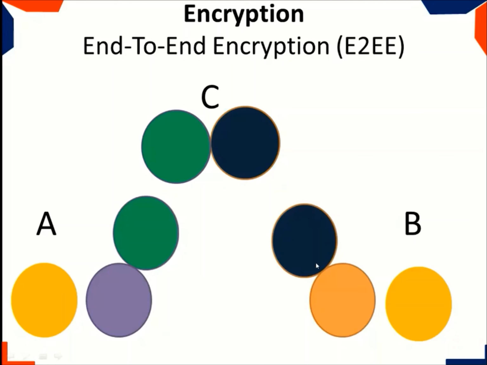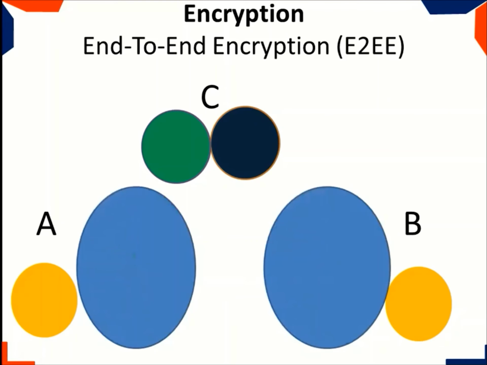B will do the same. By mixing those two colors, you will get the unique color that they want. This is the most important factor in how end-to-end encryption works.